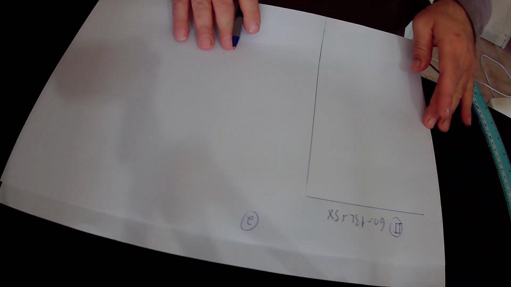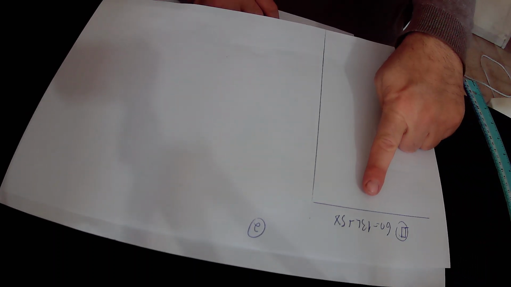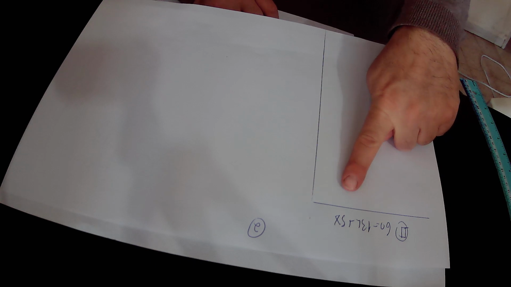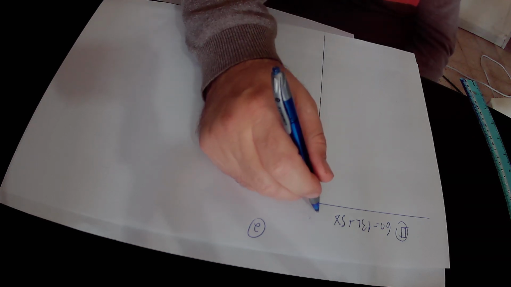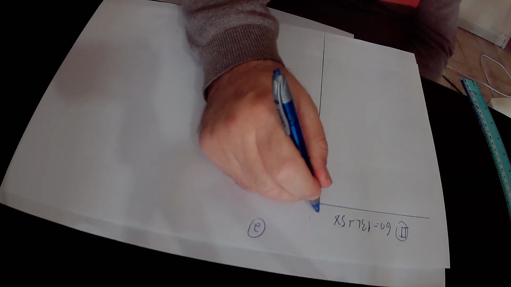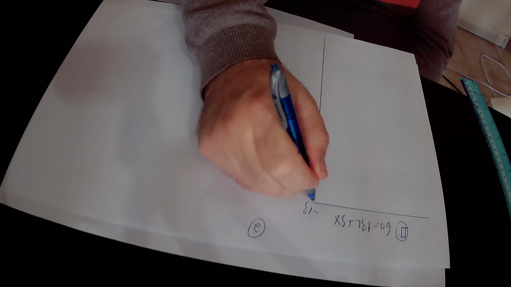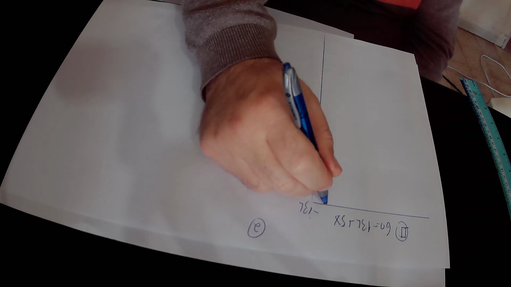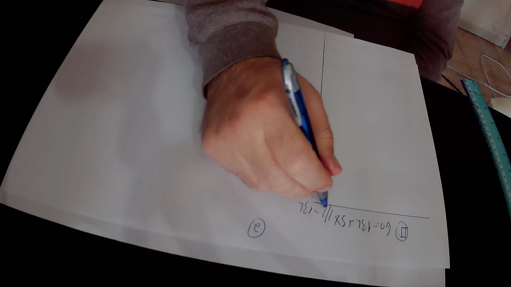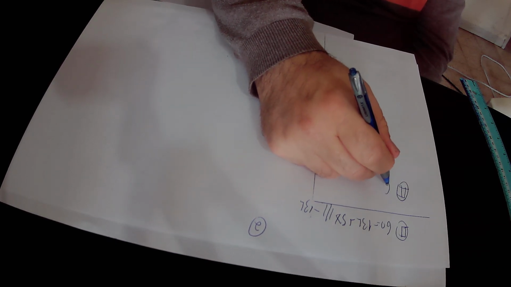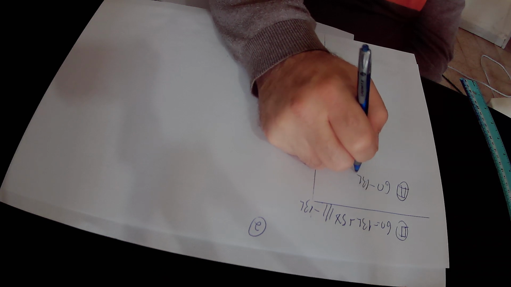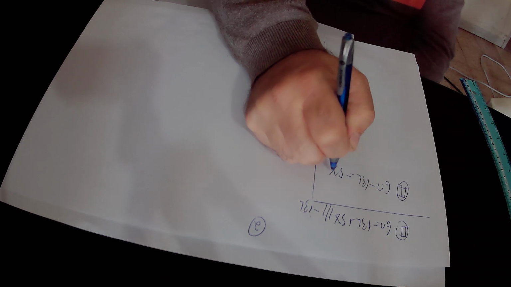And again, according to equation 2, 60 equals 13L plus 5x. Here we subtract 13L from this equation, and we get that according to equation 2, 60 minus 13L equals 5x.